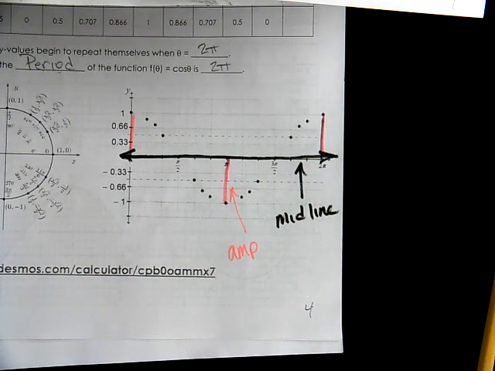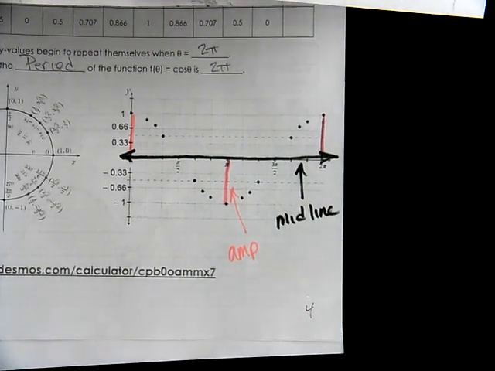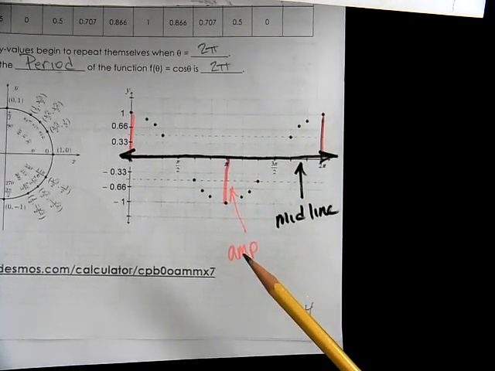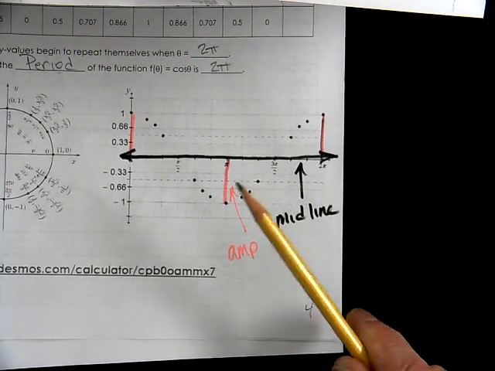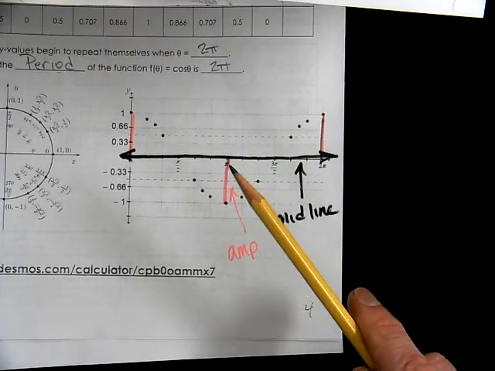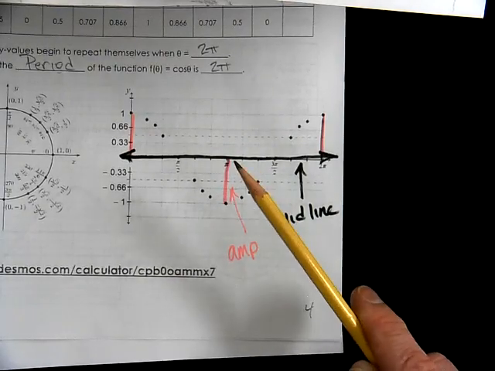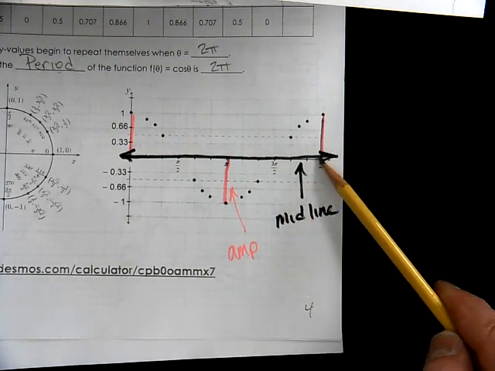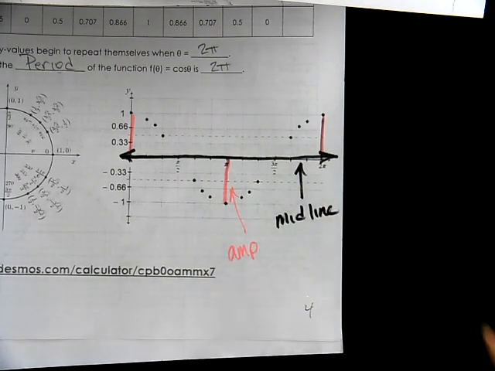It's the distance from the midline to the max or the min. Amplitude is always a positive value. That's a common mistake. Amplitude is the distance. The distance that it takes to get to the minimum should be the same distance that it takes to get to the maximum.